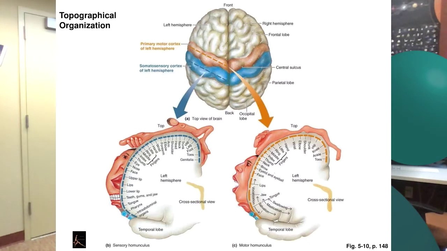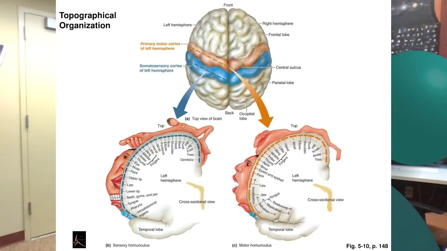Okay, but notice that the little person there, the little man that's drawn on there, is distorted. So the distortion of the graphic representation are the body parts that indicate the relative proportion of the primary motor cortex devoted to controlling skeletal muscles in each area.